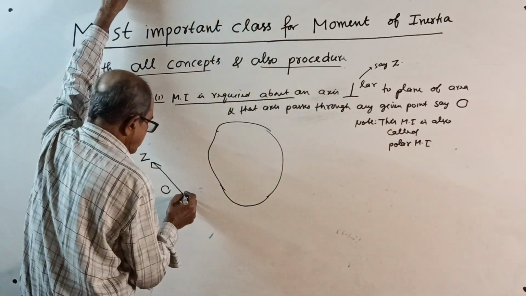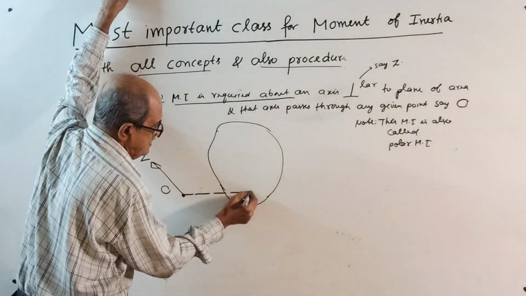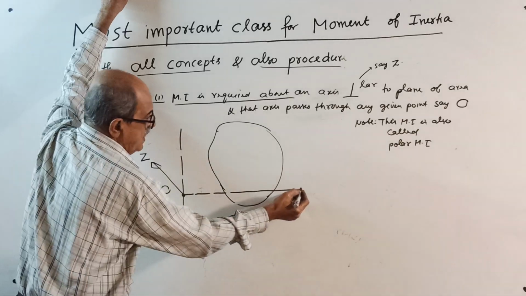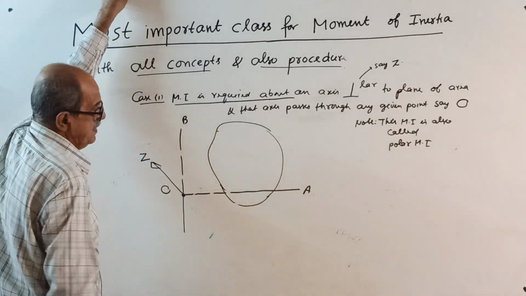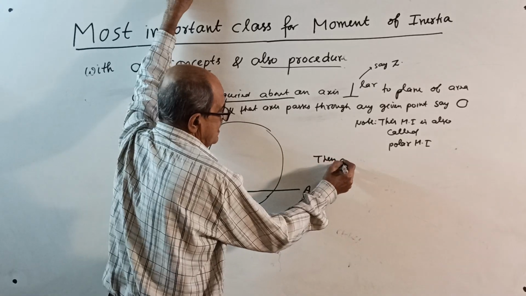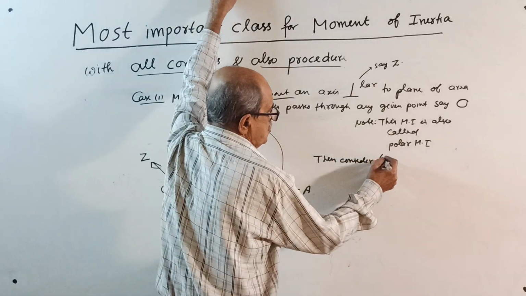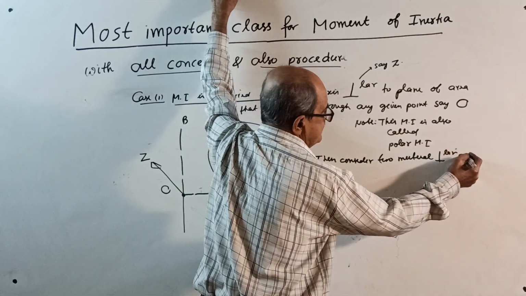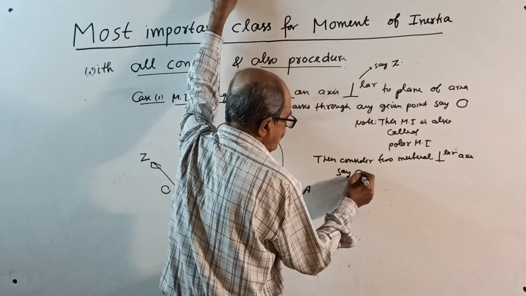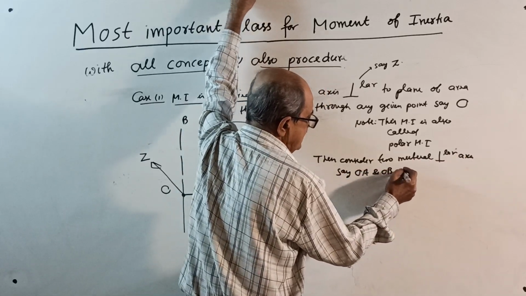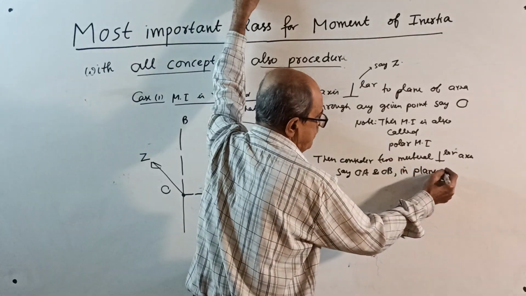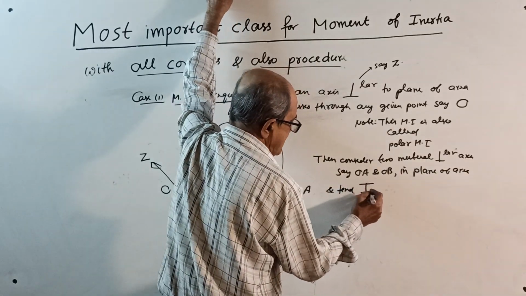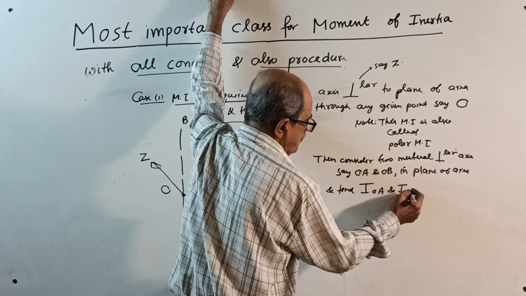So then, through that point, draw a horizontal line, draw a vertical line in the plane. See, I give any name, say OA and OB, randomly. Then consider two mutually perpendicular axes, say OA and OB in the plane of the area, and find I about OA and I about OB.